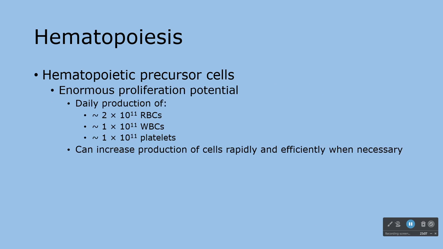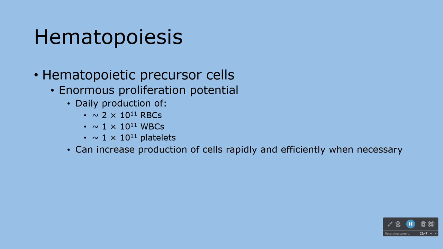Okay, so precursor cells have enormous proliferation potential. Okay, daily production. So this is times 10 to the 11th. Trillion, got 100 trillion.